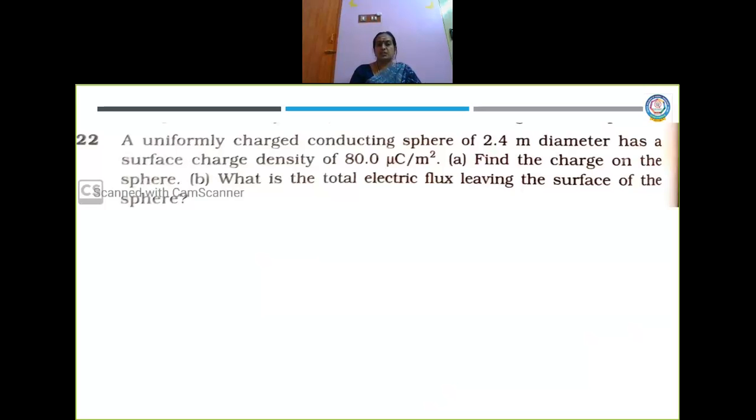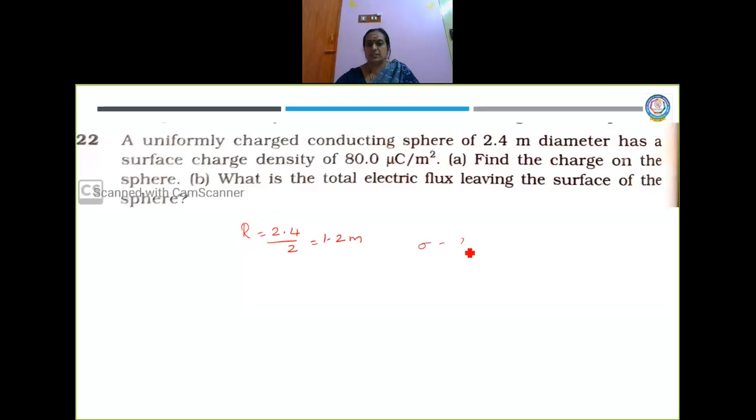A uniformly charged conducting sphere of 2.4 meter diameter has a surface charge density 80 microcoulomb per meter square. Diameter is given, so radius is 2.4 divided by 2, which is 1.2. Now surface charge density they have given.